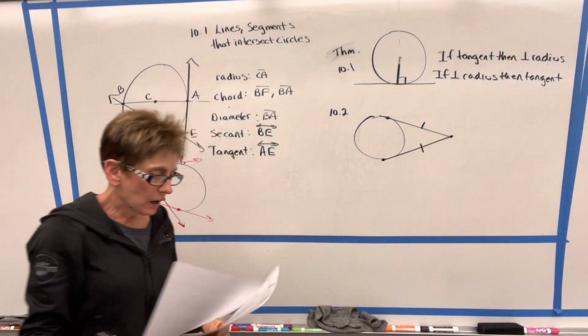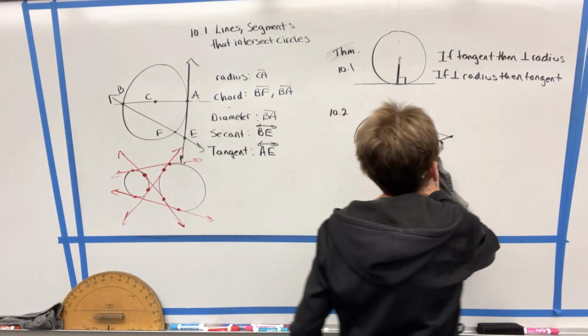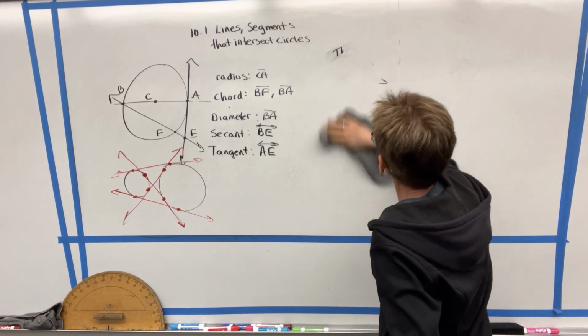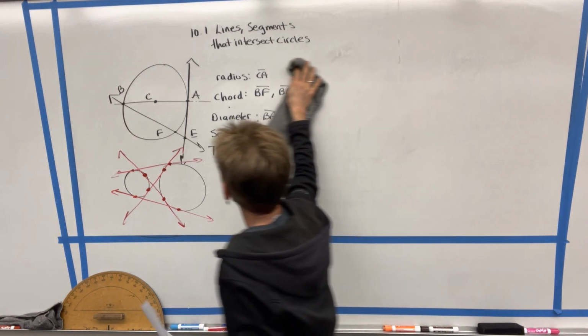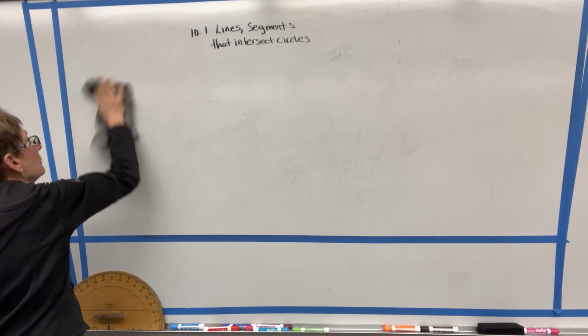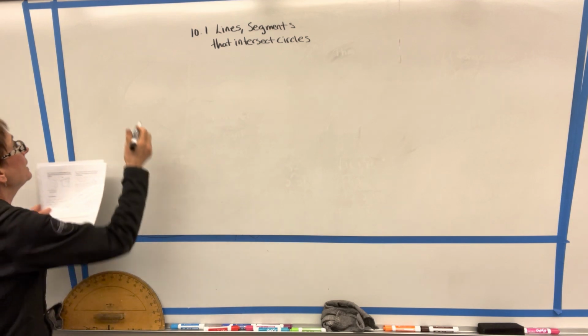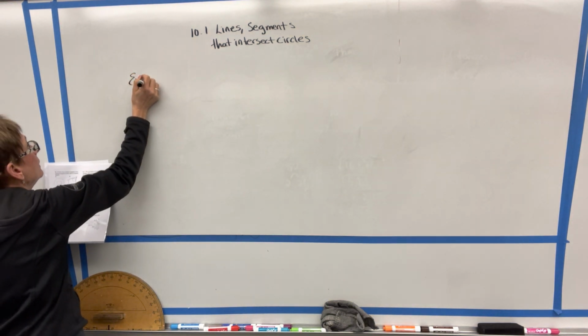Okay, all right, so now that we have some of the vocabulary and theorems out of the way, I wanted to do a few examples with you, and then we will do more examples when we go over your homework. So let's do example number 1.